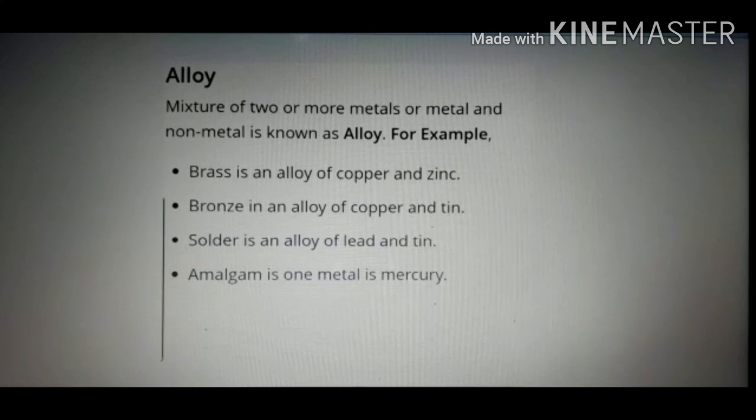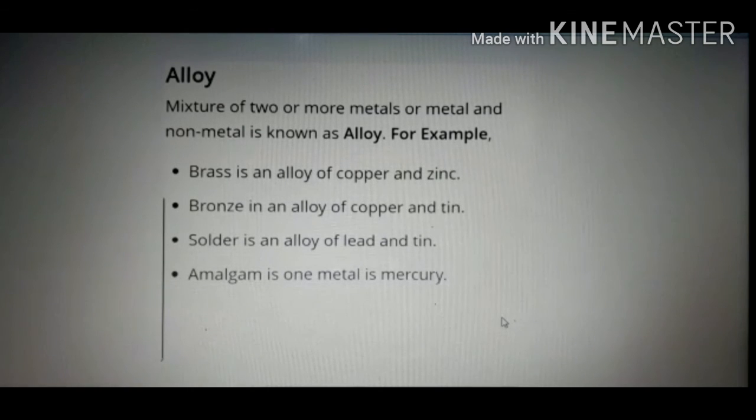From this we can conclude that in this chapter we discussed metals and non-metals and all their properties, and we discussed ionic compounds previously. Today we discussed the extraction of different metals based on reactivity: different methods for low reactivity, moderate reactivity and high reactivity metals.